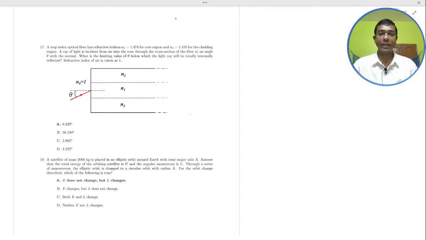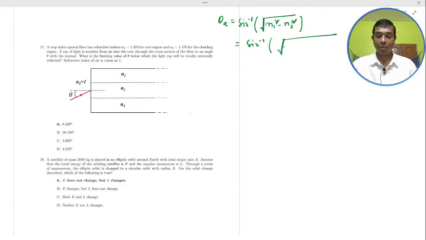So for internal reflection, theta A is equal to sine inverse, just apply the formula, square root of n1 square minus n2 square. Put this value, sine inverse square root of 1.474 whole square minus 1.470 whole square. This should become approximately 6.229 degree.